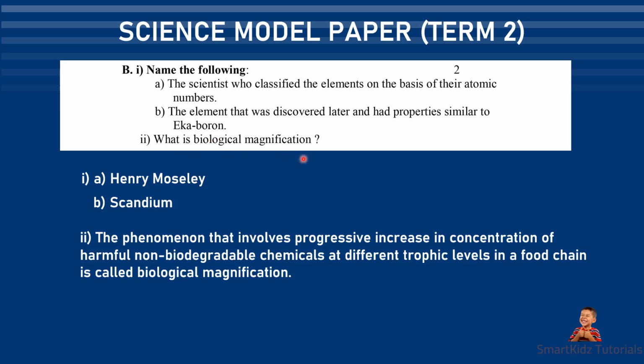What is biological magnification? Let's say, for example, you have a chemical like DDT, as is mentioned in your textbook. This DDT is a chemical such that when it is sprayed onto crops, the soil takes up this DDT.